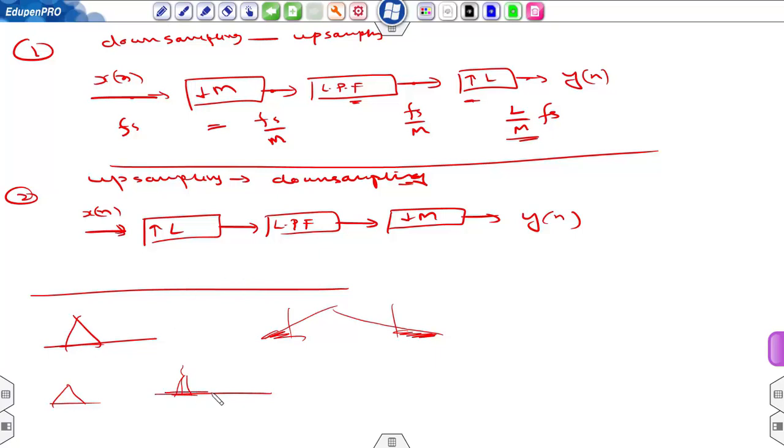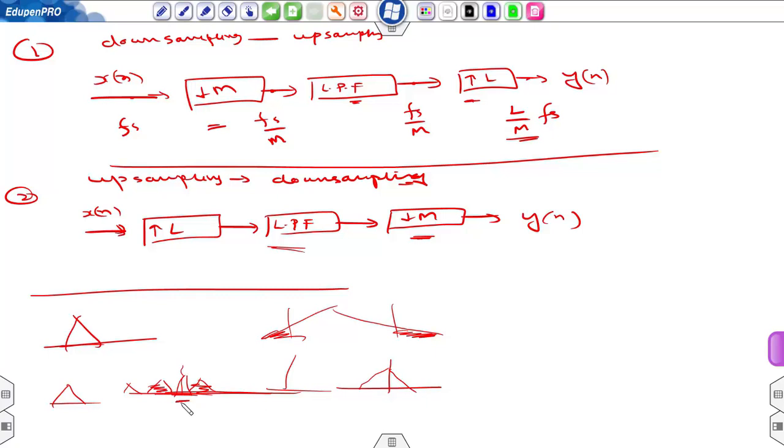Upsampling will give this. Then by performing the low pass filter, the spectral images in the periodic range can be eliminated. Then by applying downsampling, this will spread.